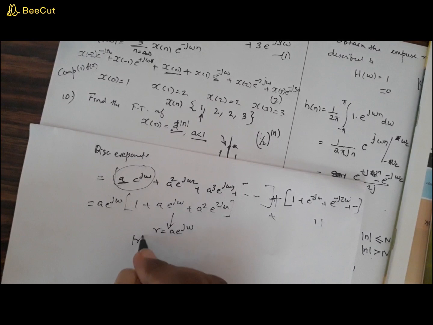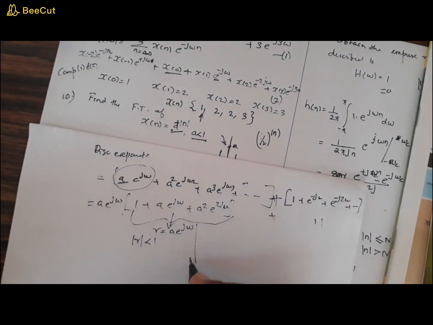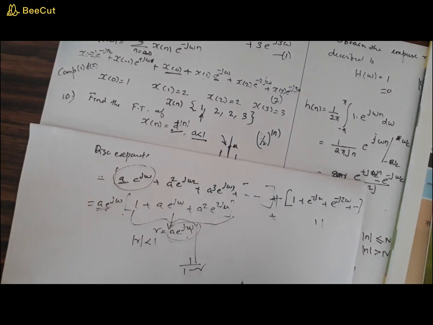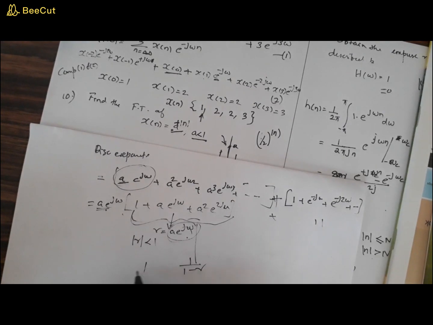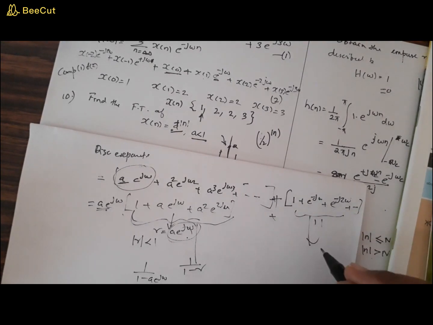Now if modulus r is less than 1, you can substitute this as 1 by 1 minus r. Now the question is, is r less than 1? Because a is less than 1, this value should be less than 1. Therefore you can write this geometric series as 1 by 1 minus a into e raised to j omega. Similarly, what about this? This also you can write in this way.